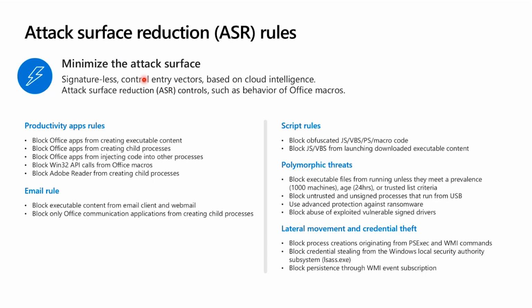The whole idea behind it is to minimize our attack surface. The reason why we want to minimize it is we want to lower the risk. We want to lower the potential of anything negative happening to our endpoints. We don't want our endpoints to be compromised. So by default, there are some rules that are activated, but as I was mentioning before, we can choose to create other additional ones.